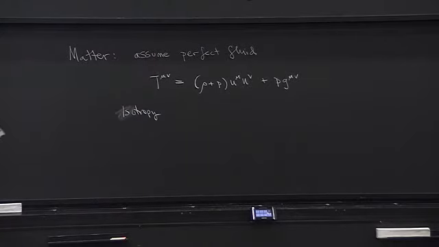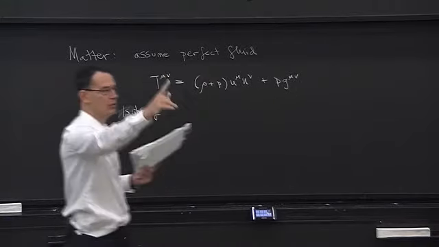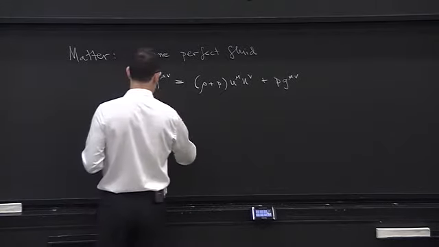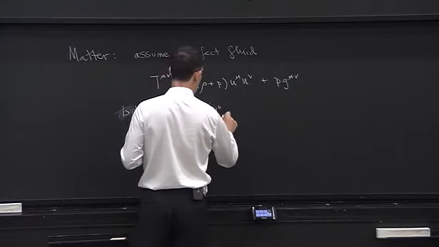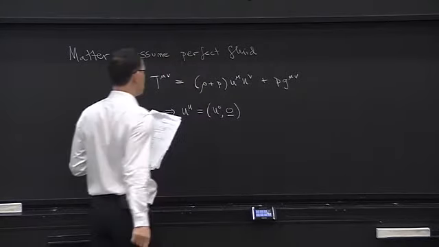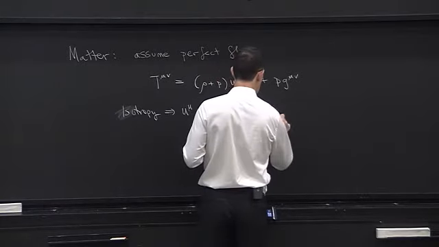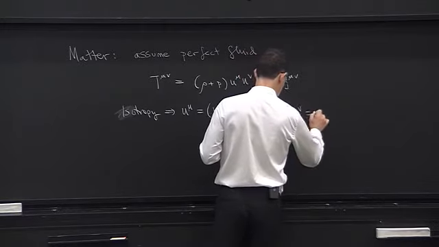But by isotropy, you can't have any spatial components of the vector. Right? There's no vector which is invariant under rotations. So the vector u mu has to be u naught and 0. It cannot have any spatial components. And of course, we must have g mu nu u mu u nu equals -1.